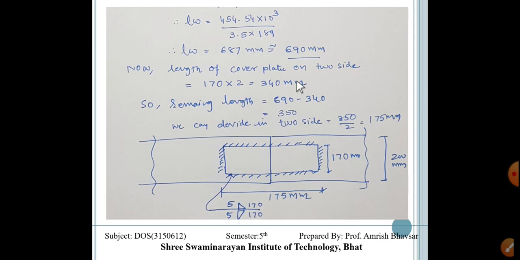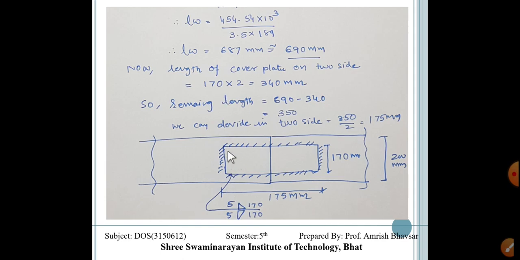After getting the length of weld, we must do welding on the side of the cover plate. So we have to check whether we will get that length or not. For that, the length of cover plate on two sides is equal to 170 mm.